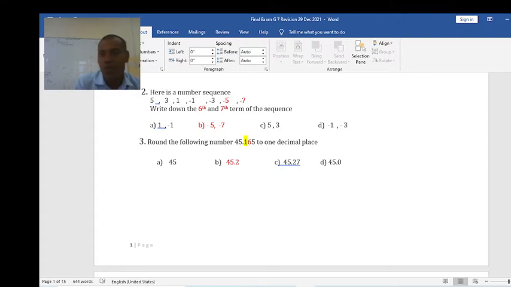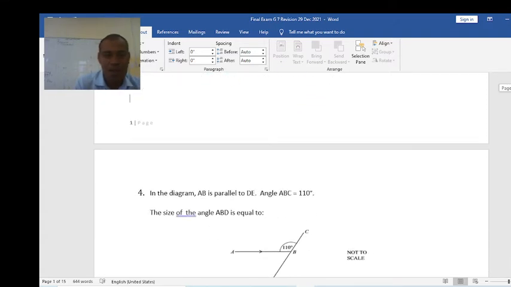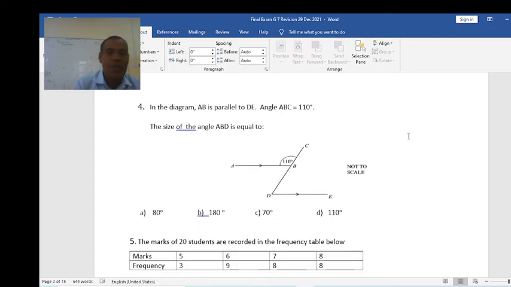Now in the following diagram, learners, the line AB is parallel to the line DE. DB or DC is the transversal, meaning the line that cuts the two parallel lines. This angle is called what?